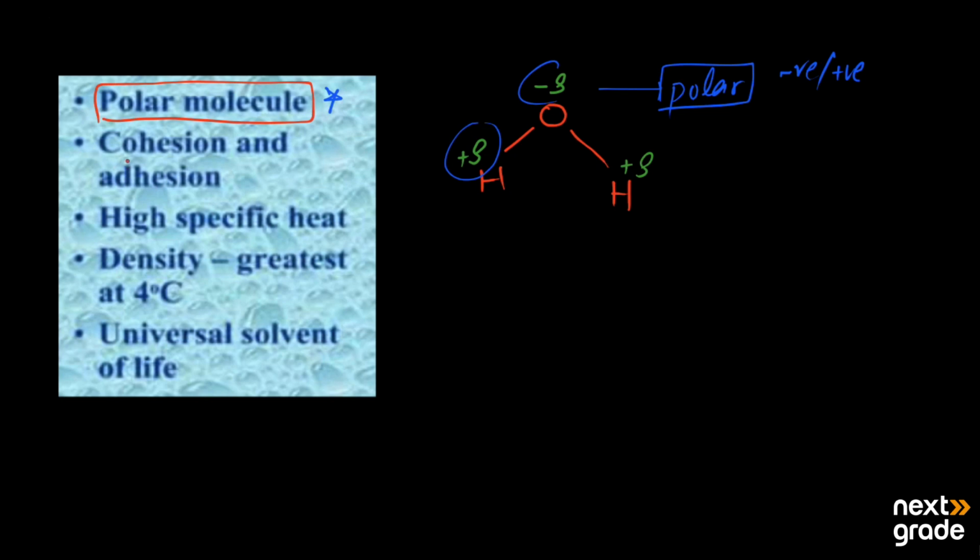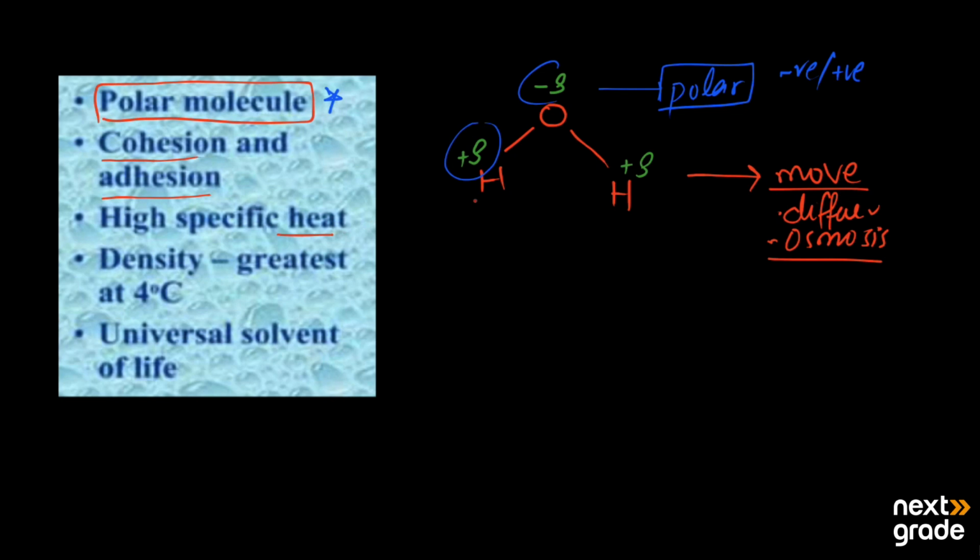Then the water molecule has the properties of cohesion and adhesion, so it can move from one surface to another. It can diffuse, and it can move by the process of osmosis, in which liquids move from or against the concentration gradient with the help of energy. Water also has high specific heat.